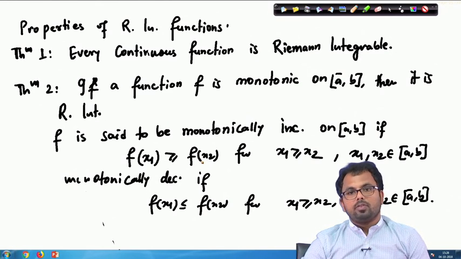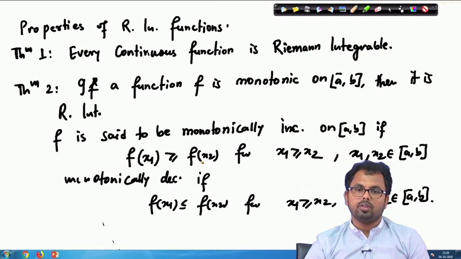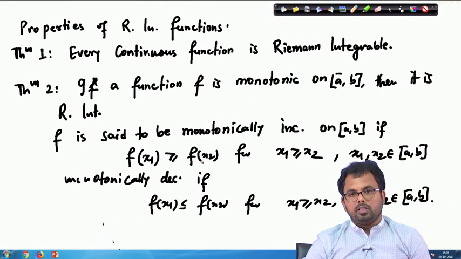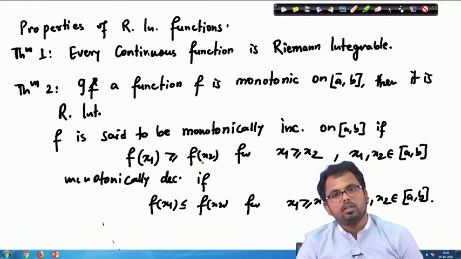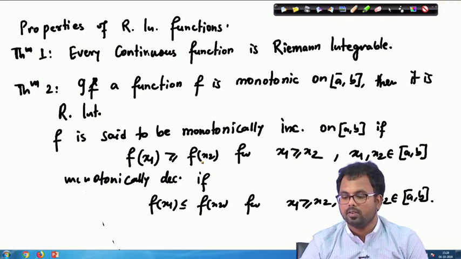Similarly, if the function is monotonically decreasing, it will also be bounded, and we again try to show that UPF minus LPF is less than epsilon, and then the function will be Riemann integrable. The proof of this theorem can also be found in the books I have listed as references.